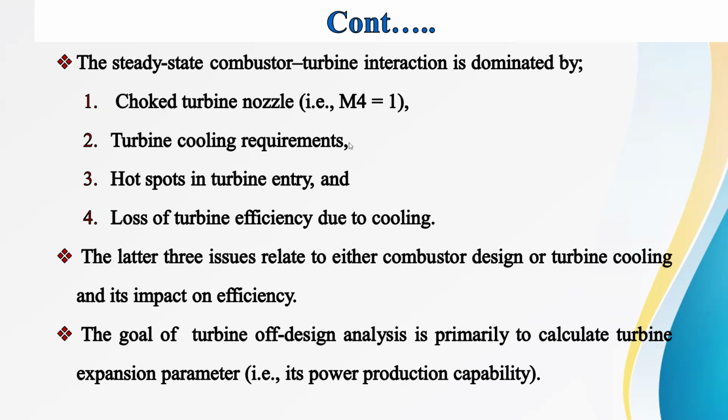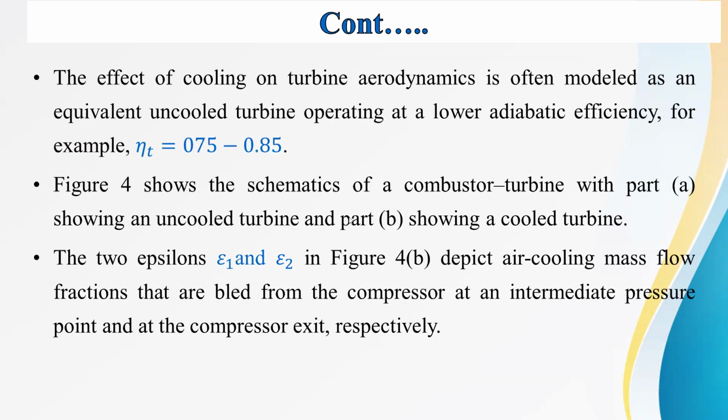There are also hot spots in the turbine entry, and loss of turbine efficiency due to heating, so cooling is required. The effect of cooling on the turbine aerodynamics is modeled as an equivalent uncooled turbine operating at lower adiabatic efficiency. So the turbine efficiency eta T is equal to 0.75 up to 0.85. This is the amount of turbine efficiency.